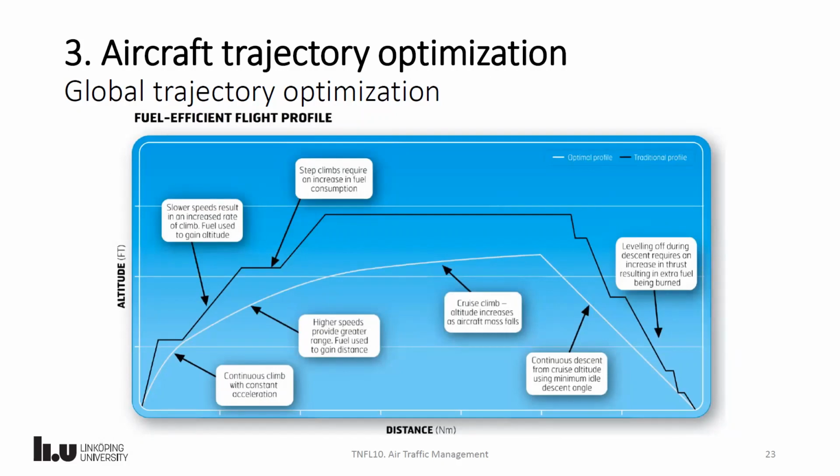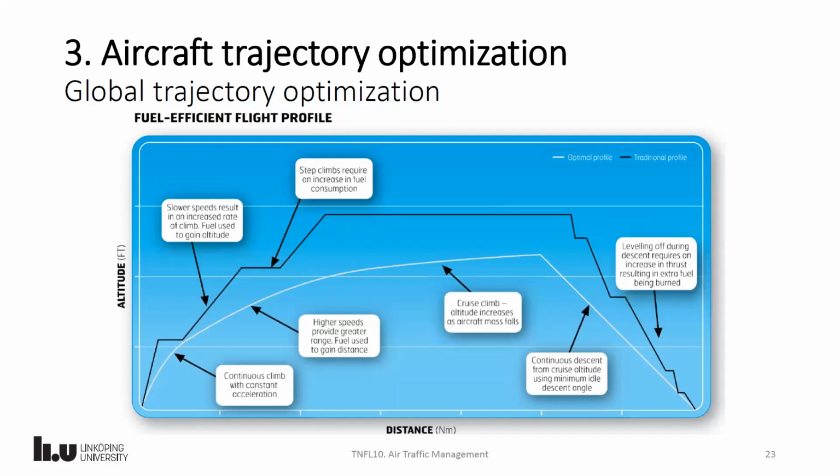So if they were alone in the airspace, they could fly optimal trajectories all day long. But because the number of airplanes in the airspace is a lot, that's what is restricting those aircraft from performing optimal trajectories.